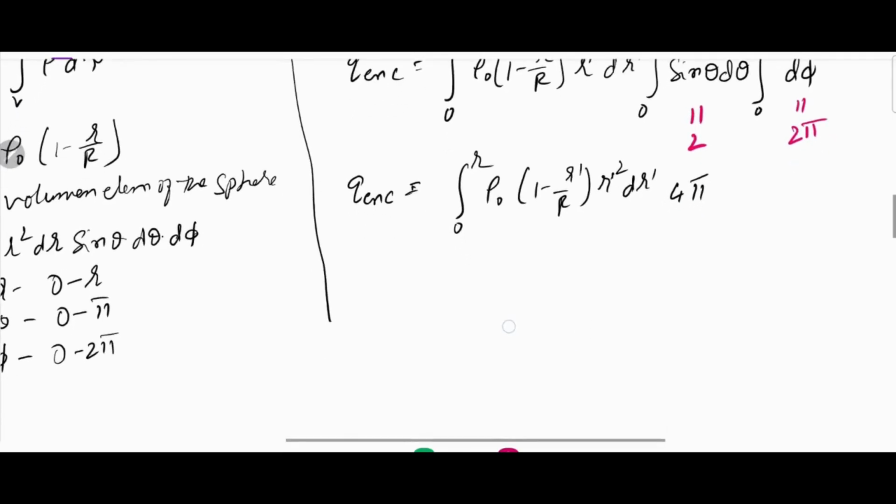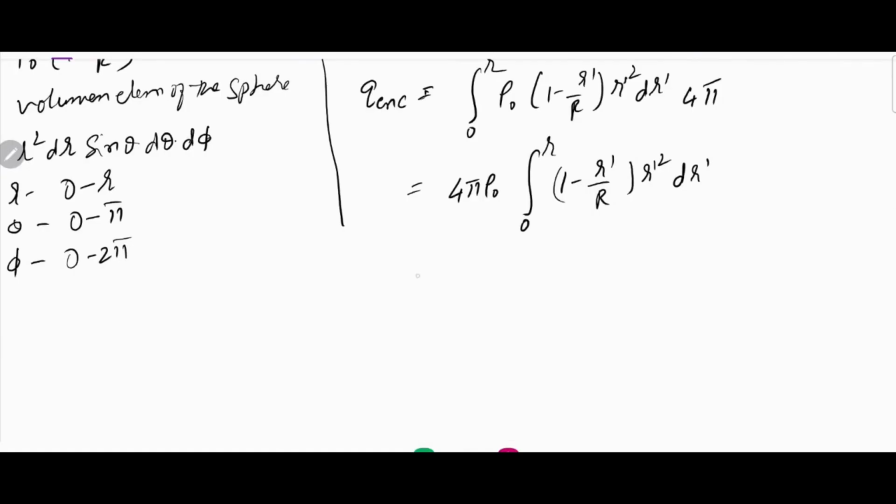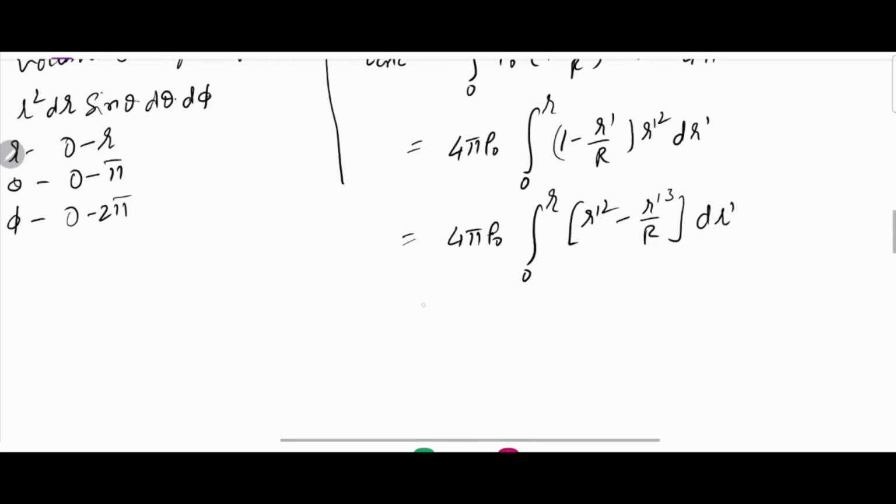Here rho naught is also constant, so we can take these things outside of the integral. So 4 pi rho naught times integral from 0 to small r of (1 minus r dash by capital R) into r dash square dr dash. Multiplying r dash square inside, we get r dash square minus r dash cube by capital R, dr dash.